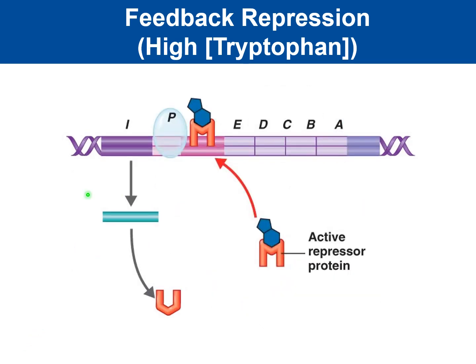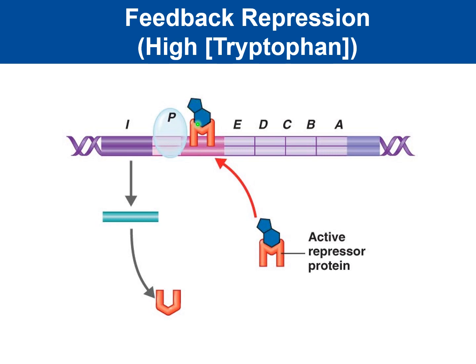Now, this is what happens when enough tryptophan has been made. This is the flip side of the situation. Tryptophan is represented by this little molecular structure here, a bicyclic ring, a 6-membered ring connected to a 5-membered ring.